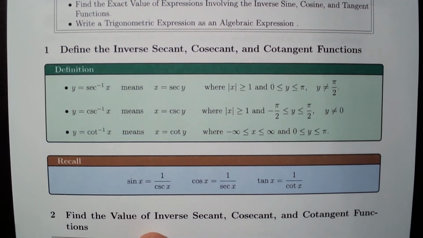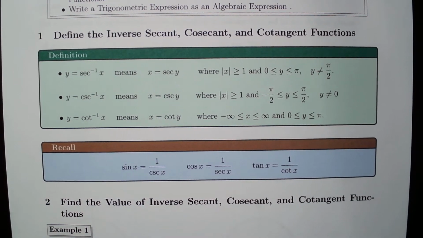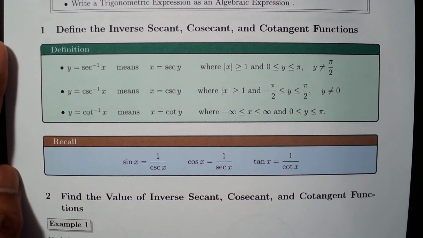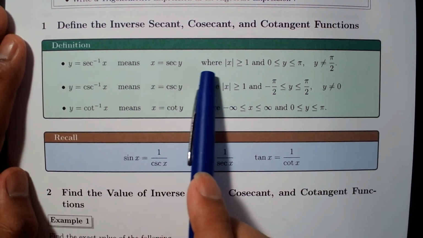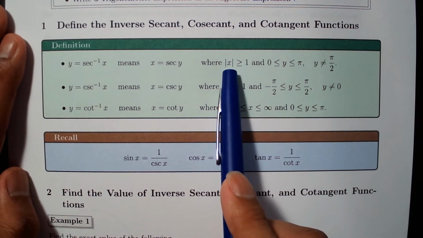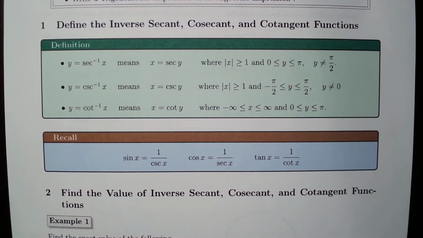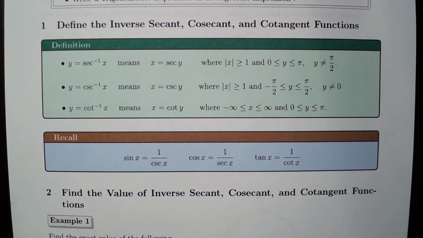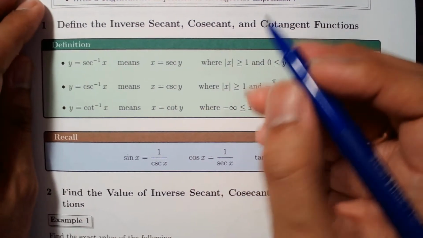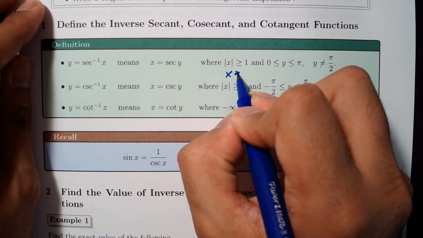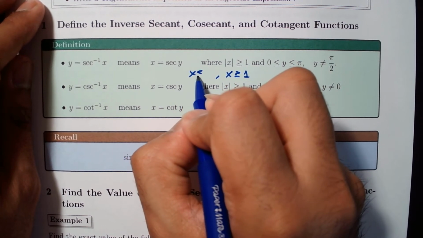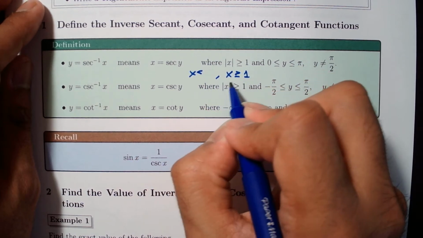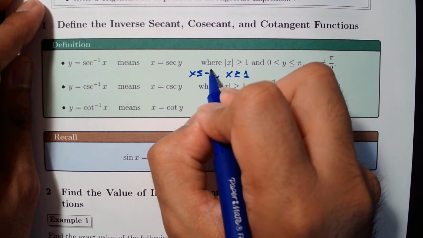Okay, so let's define the domains and ranges of those new inverse trigonometric functions. The inverse secant function is defined for all x greater than or equal to 1 or less than or equal to -1. Keep in mind that this absolute value inequality means x greater than or equal to 1 and x less than or equal to -1.